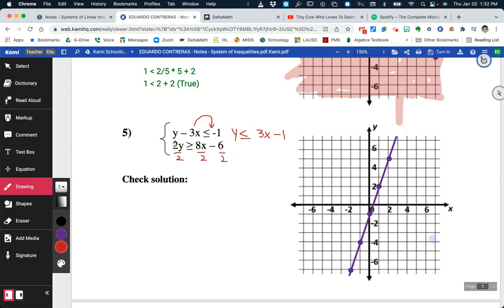And that gives me y greater than or equal to 4x minus 3. Okay, so that's going to be the second one. Y is greater than or equal to 4x minus 3.